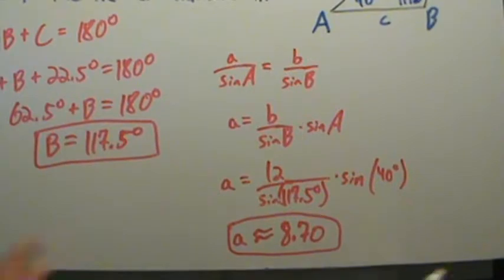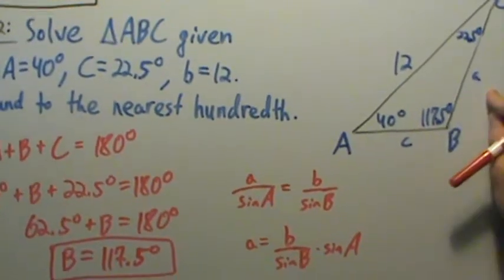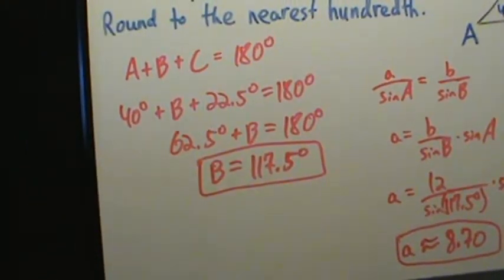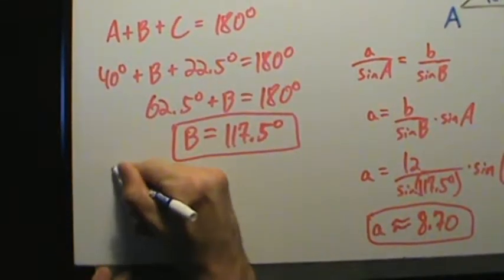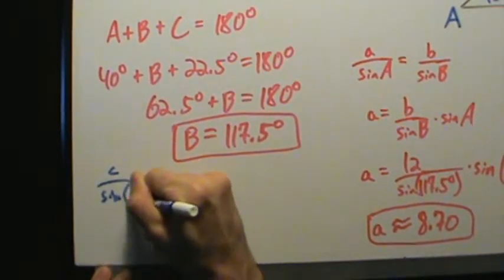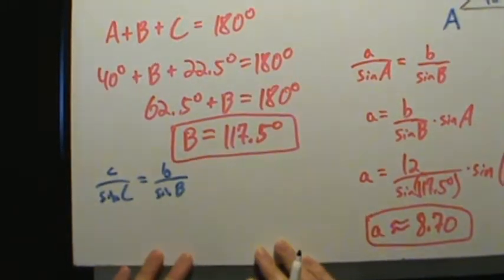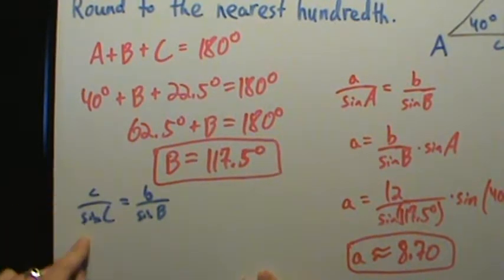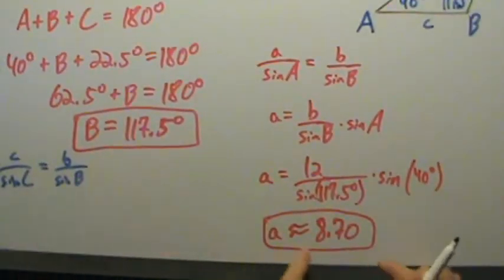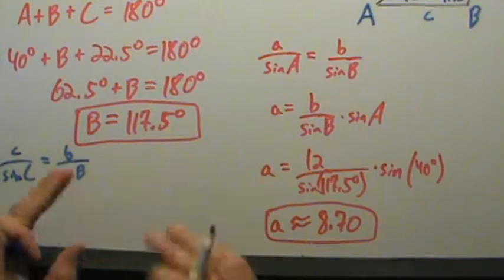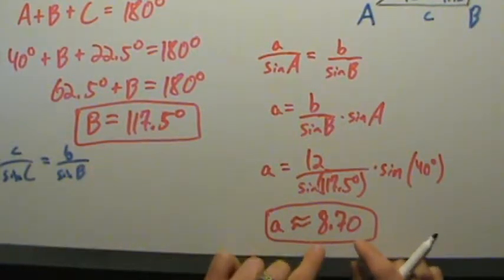Now, how do we get little c? We have little a, now we have to get little c. We get it exactly the same way. Let's use a different color since we're kind of cramped in here now. We can say little c over sine of big C equals little b over sine of big B. According to the law of sines, we could do c over sine c equals a over sine a, but little a is an approximation, and like we always say, we do not want to use an approximation to get some other value, because the other value might be inaccurate, since we rounded it to so many decimal places.